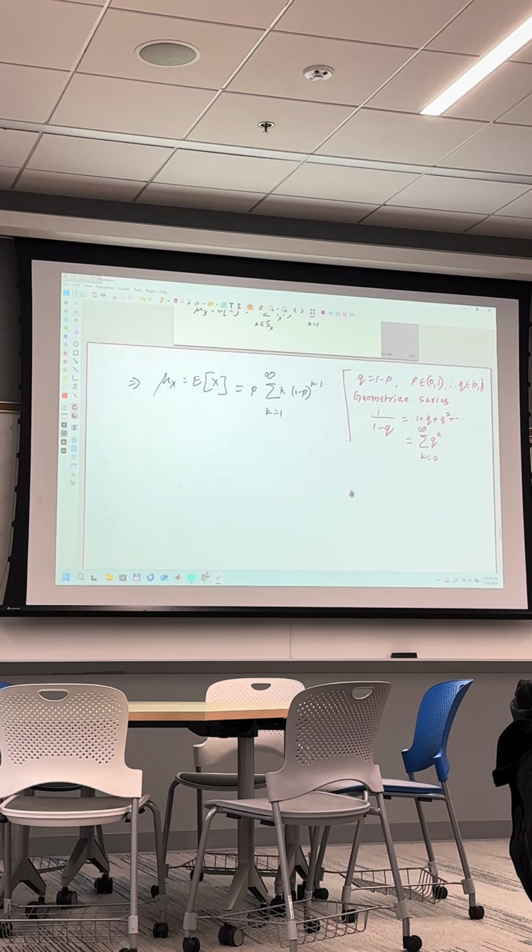If you have this form, I'm going to take the derivative with respect to q. Take the derivative of 1 over 1 minus q, and take the derivative of both sides: d over dq of the summation k equals 0 to infinity of q to the k.